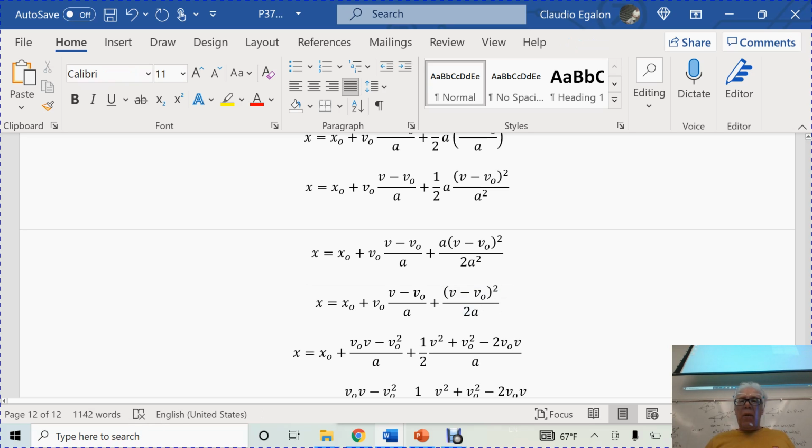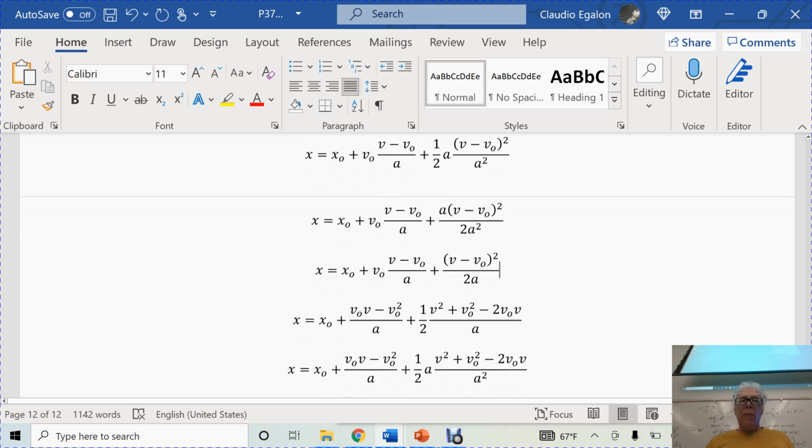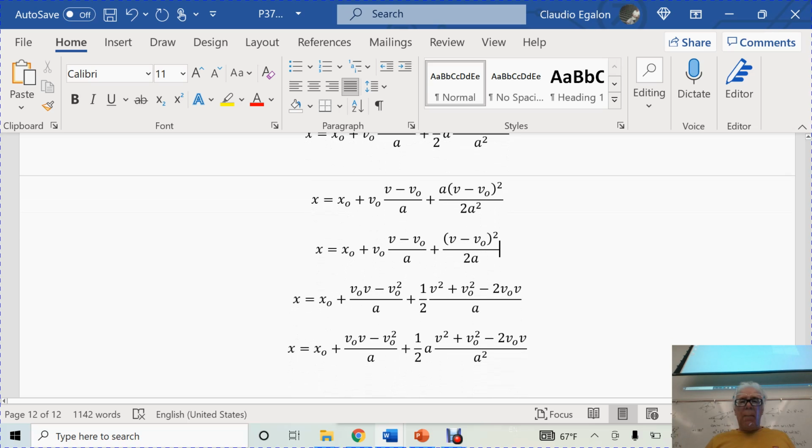And now I can expand what is upstairs, right? V square plus V naught square minus 2 V naught V. I'm putting the half back where it was. But if I want, I can continue with the 2 right in here. Okay, now compare those two fractions here. One is divided by 1a, the other one is divided by 2a, right?